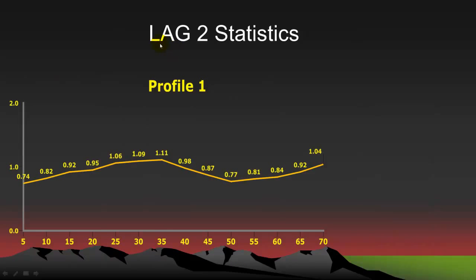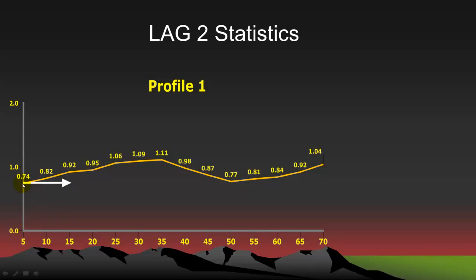Next, I'm going to go to lag 2 statistics. So we put in our separation vector, and here it's gone to separating samples that are at 2 lags or 2 locations, and in this case that would be 10 meters apart.